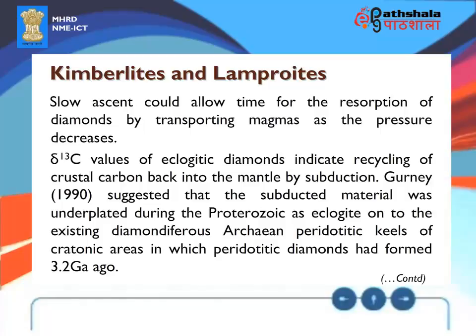Delta carbon-13 values of eclogitic diamonds indicate recycling of crustal carbon back into the mantle by subduction. Gurney 1990 suggested that the subducted material was underplated during the Proterozoic as eclogite onto the existing diamondiferous Archean peridotitic keels of cratonic areas in which peridotitic diamonds had formed 3.2 billion years ago.